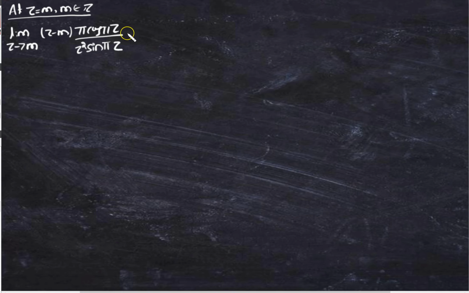Okay. Now this can be written as once again limit z tends to m, we will take here one only, simple pole. This can be written as cos pi z, I will take outside, and this is z minus m divided by z square sin pi z.